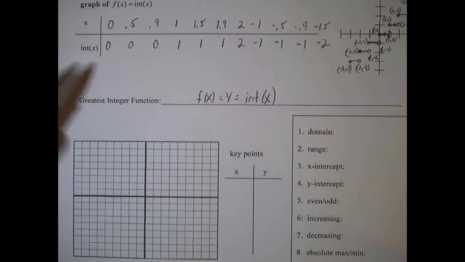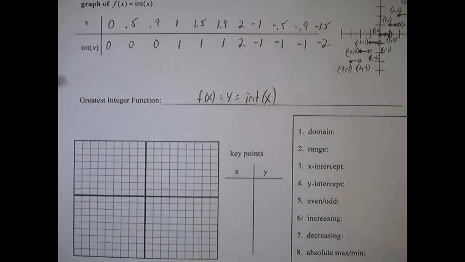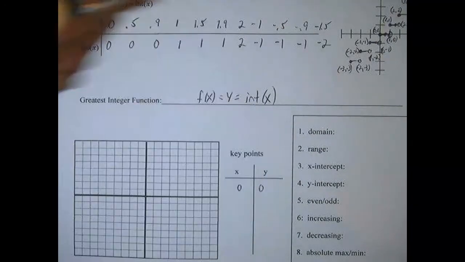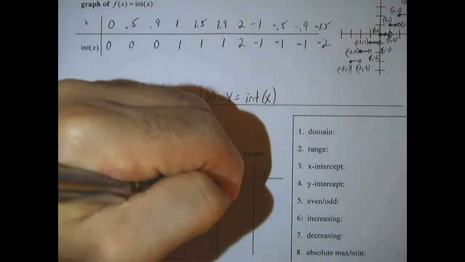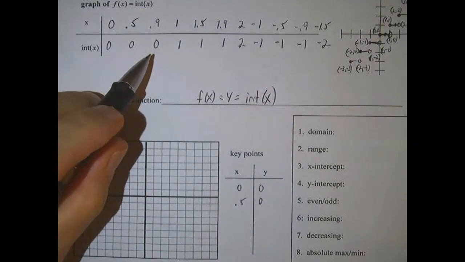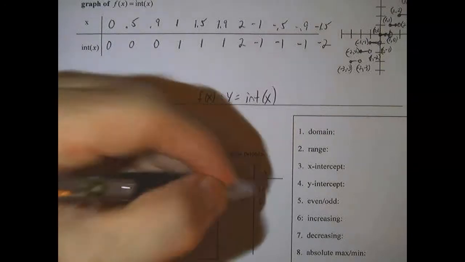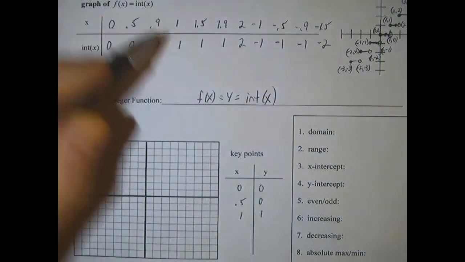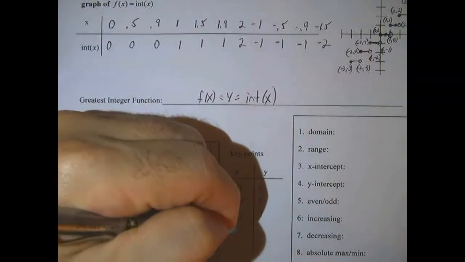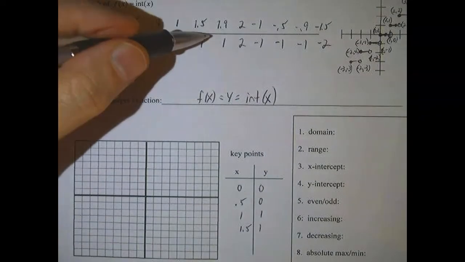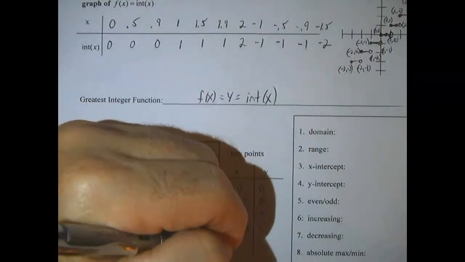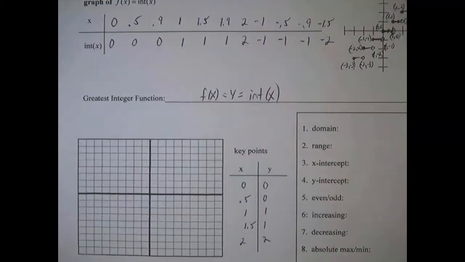We can just pick 4 or 5 from up here, so we can just pick 0, 0. We could pick 0.5, 0, enough to at least get one good step, and then we'll pick 1, 1, and then we'll pick 1.5, 1, and then we'll pick 2, 2. Like I said, there's really no commonly accepted points there.